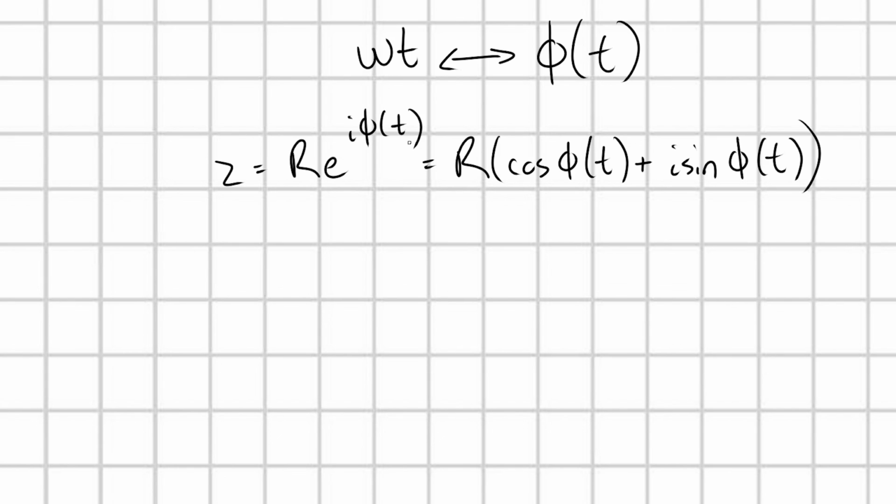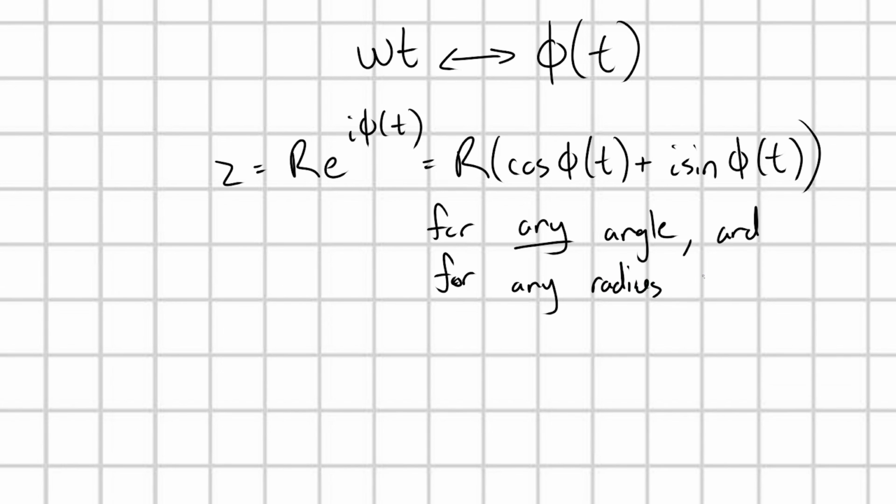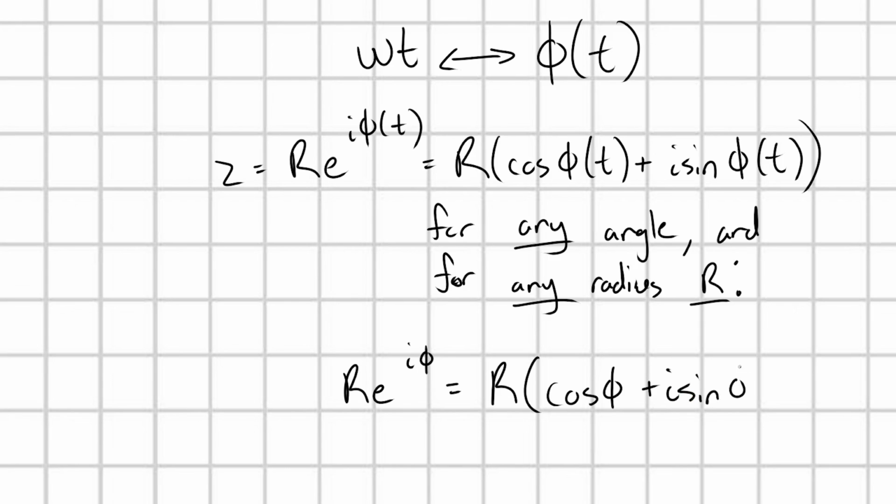This was a tool that we used to show the same thing. So for any angle and for any radius r, we have r e to the i phi equals r times cosine phi plus i sine phi.